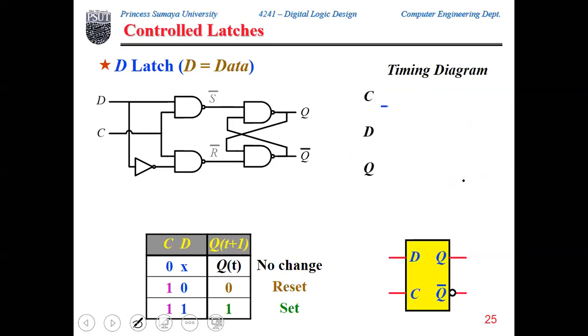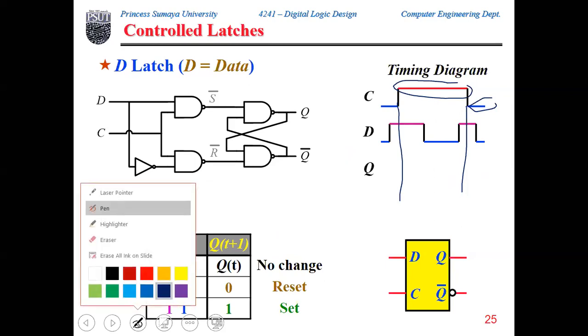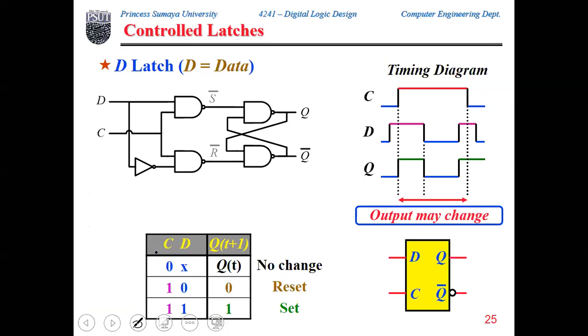Another example, I guess here, it is straightforward. If the clock is like this and D is changing like this, what will be Q? Basically, in this period of time, Q will stay the same. During the red period here, Q will follow D, and here Q is not affected by any change in D. So if we look at how this is going to happen, it is like this.